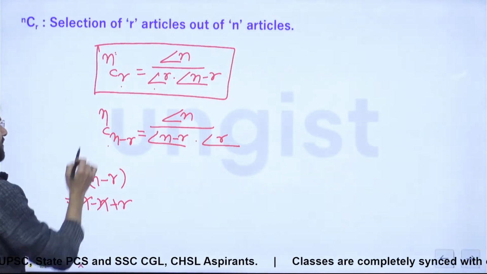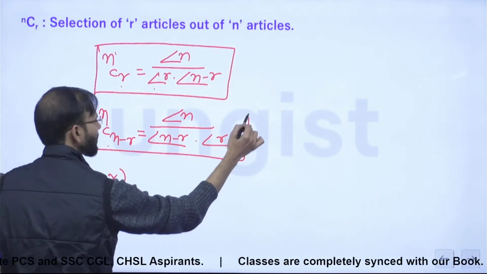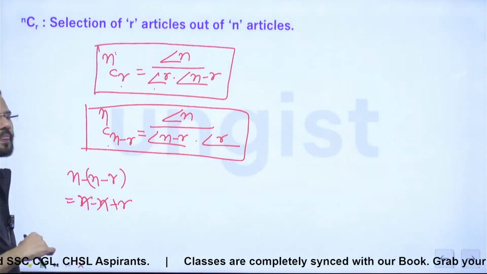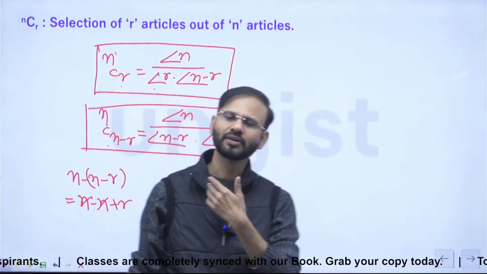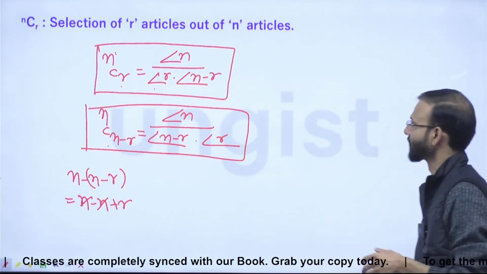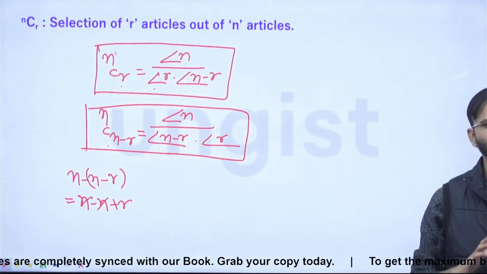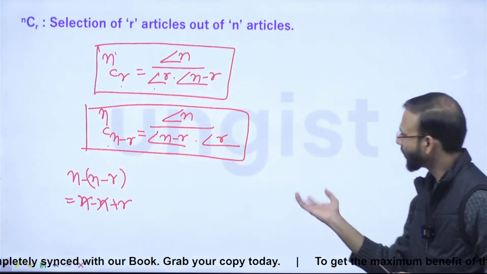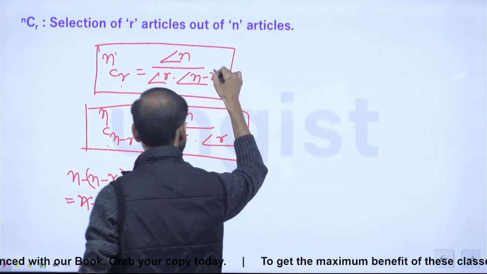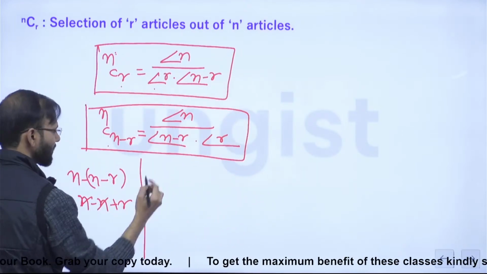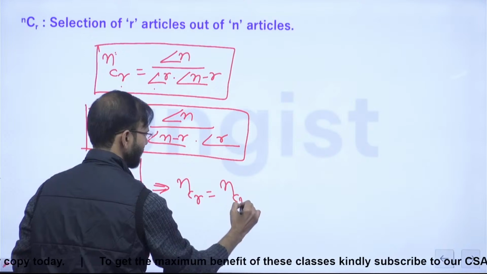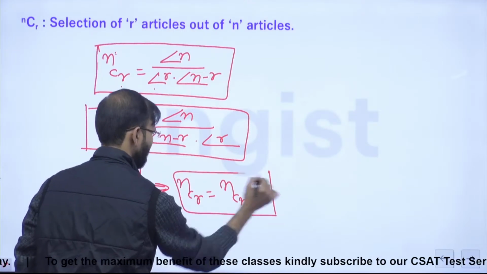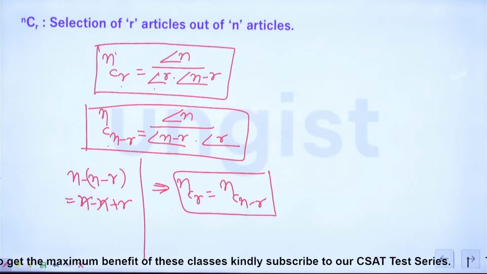So, guys, just read formula number 1 and formula number 2. Observe the right hand side of both the formulas. Yes, same. So what you can say is, if RHS is same, then LHS will also be same, guys. So it means NCR is same as NC n minus r. Everyone, yes or no?